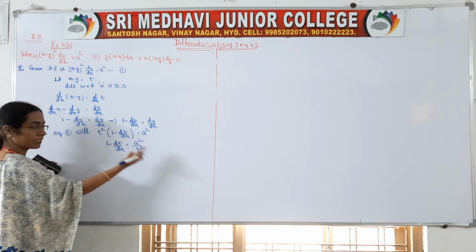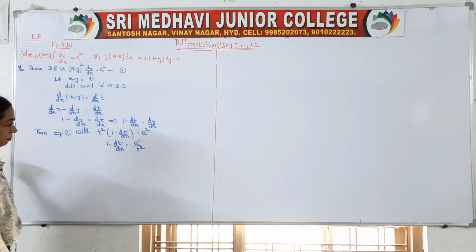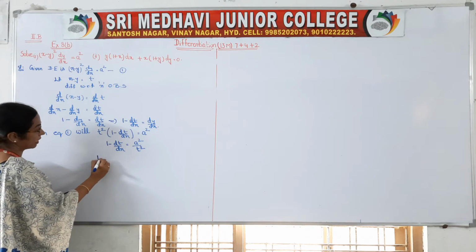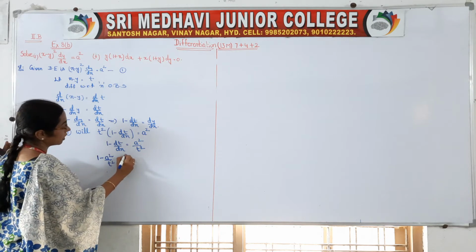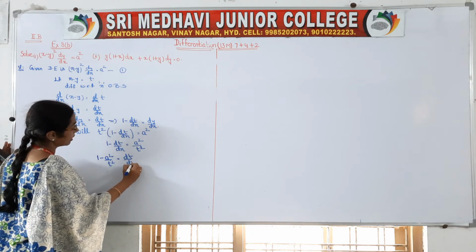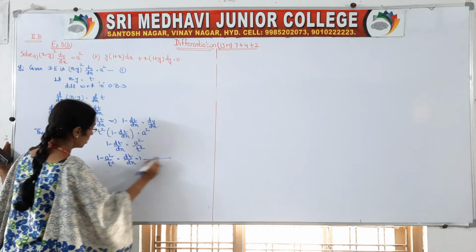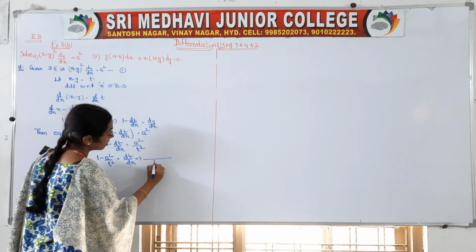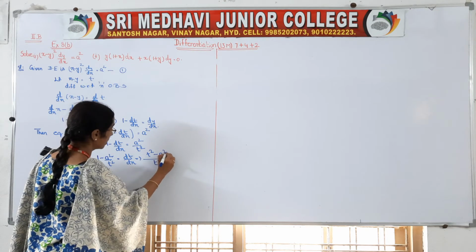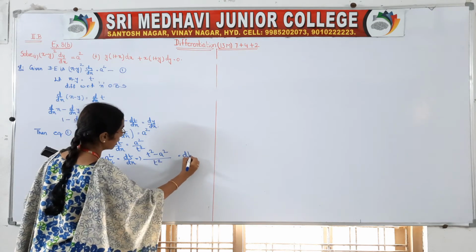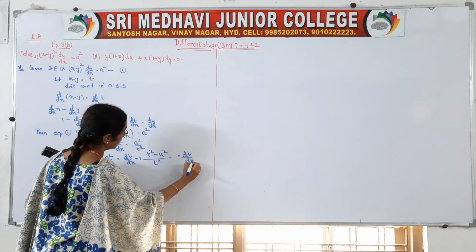Send this value to that side and bring a square by t square to this side. So a square by t square is equal to dt by dx. Taking the LCM as t square, t square minus a square by t square is equal to dt by dx.